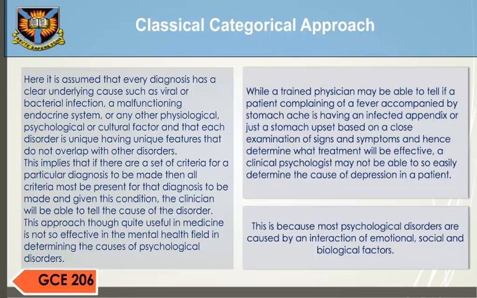This implies that if there are a set of criteria for a particular diagnosis to be made, then all criteria must be present for that diagnosis to be made. And given this condition, the clinician will be able to tell the cause of the disorder.